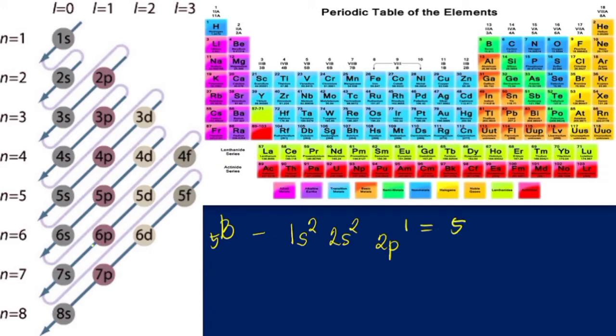Now let's take into consideration fluorine. Fluorine has 9 electrons, so that would be 1s2, 2s2, 2p5. So that's 5 plus 4 is equal to 9. That is how electronic configuration is written. So you'll just follow this one.